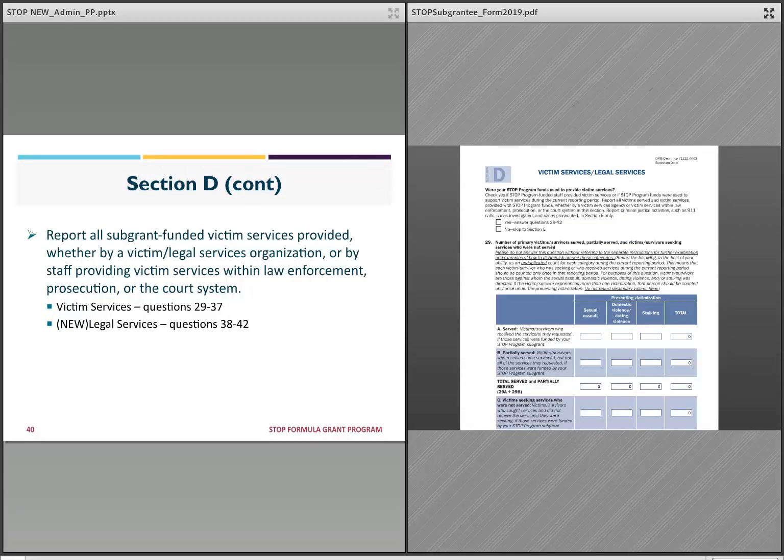All victim services should be reported in this section, even if they are provided by victim services staff working within a criminal justice agency, such as law enforcement or prosecution.